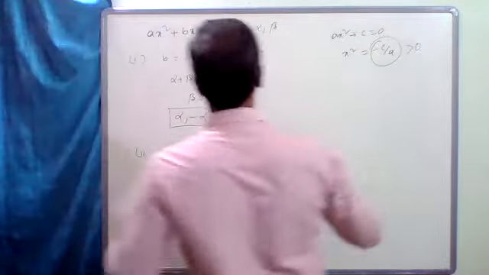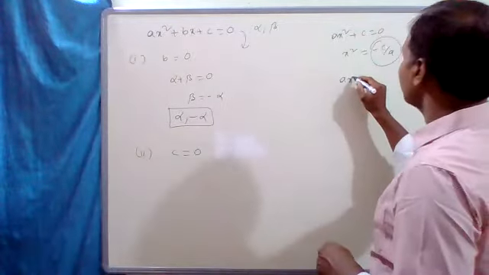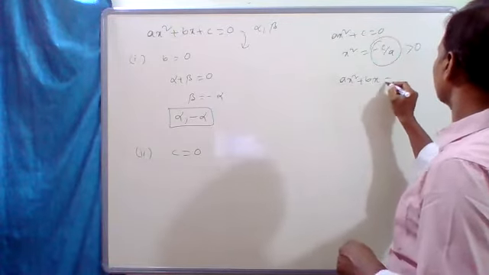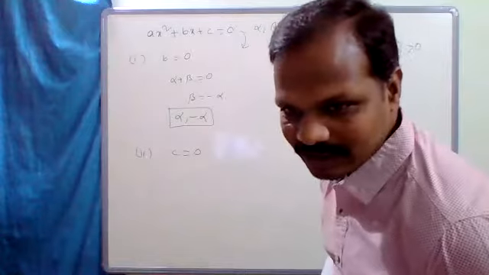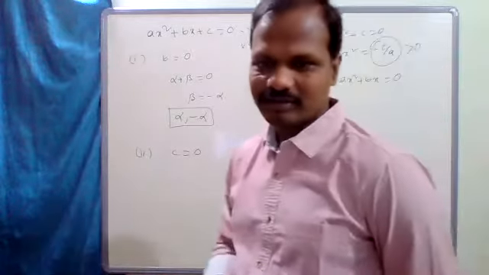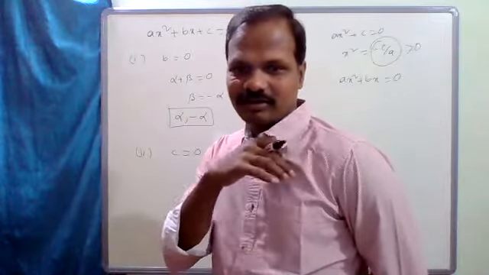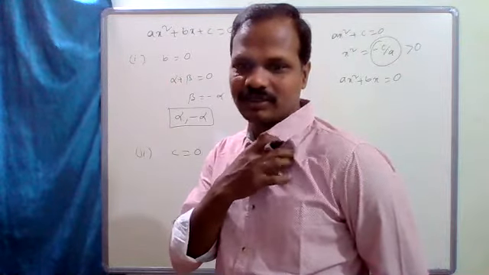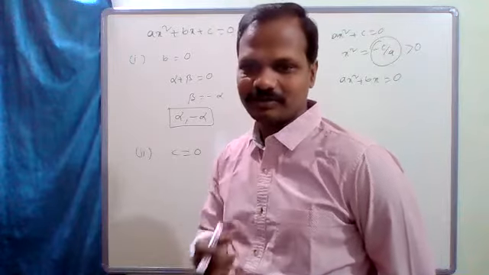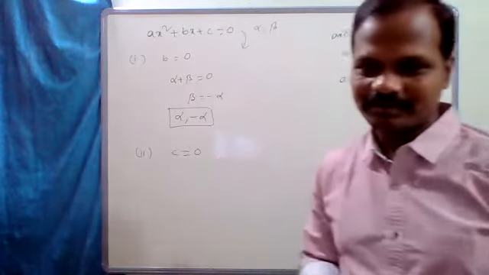If c equal 0, the equation becomes ax square plus bx equal to 0. At least one root 0. Not at least one. One root must be 0 here.